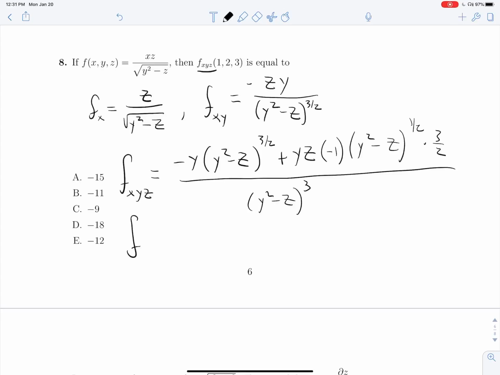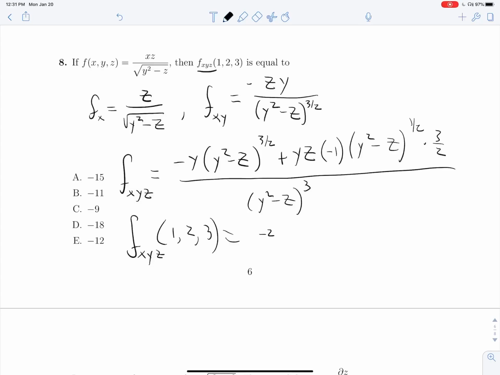Okay, so f_xyz evaluated at 1, 2, 3 is going to be negative 2, and it would be a good thing to figure out what this little guy is going to be because we have to do it 3 different times. Y squared is going to be 4 minus 3, so that's just 1.